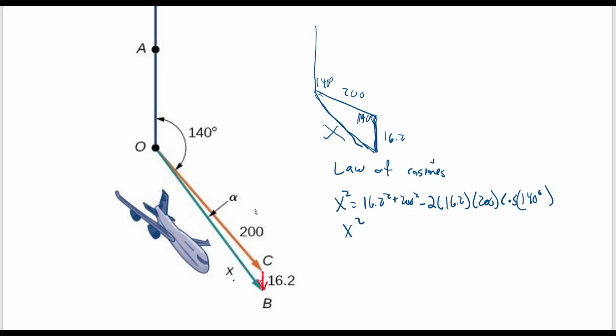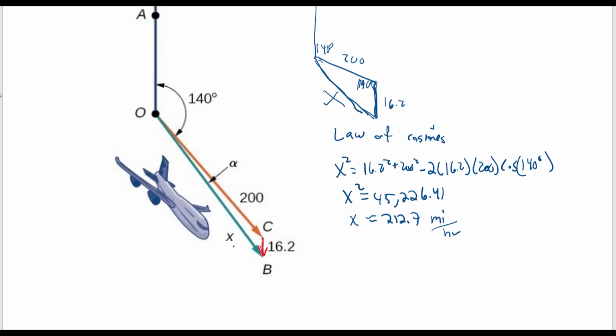So our x squared is going to be 45,226.41, or x is approximately the square root of that, so 212.7 miles per hour. That is the actual ground speed of the plane.